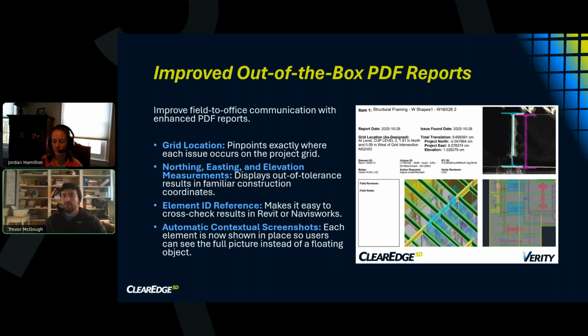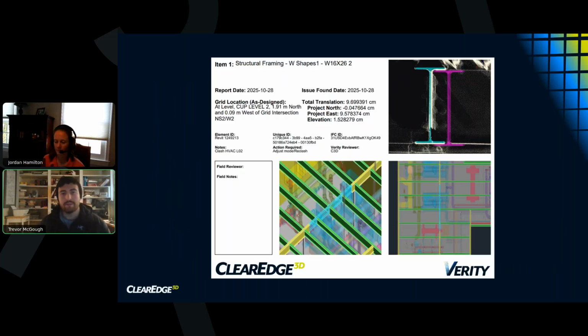So for example, if a user has the walls hidden or the point cloud turned off, that is what will be displayed in the screenshots, however you set up the view. So this gives users the ability to set things up a little bit, and then Verity will take the top-down screenshot and then a screenshot at an angle, and those will be included in the reports. So a little bit more of a deep dive right there.